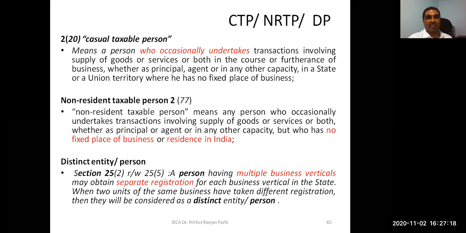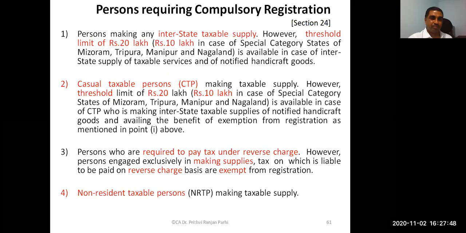A non-resident taxable person means a person who occasionally undertakes transactions involving supply of goods or services, or both, whether as principal or agent or in any other capacity, but who has no place of business or residence in India. That person will be regarded as the non-resident taxable person. He should not have any place of business or residence in India. Understood?